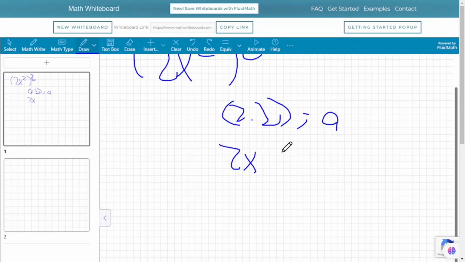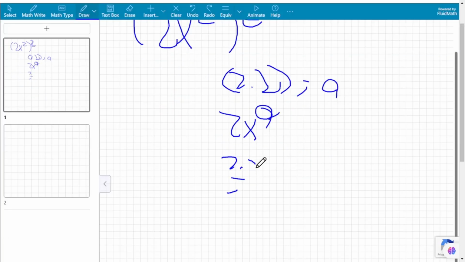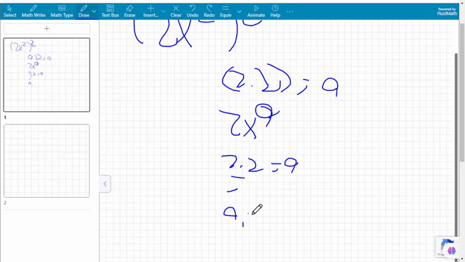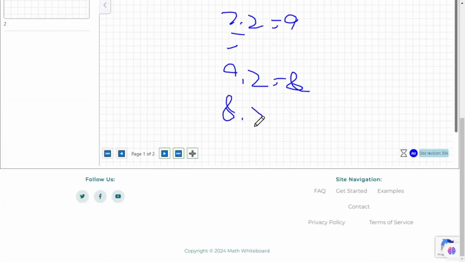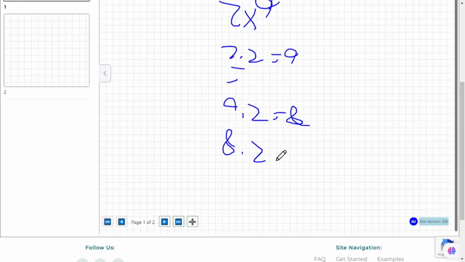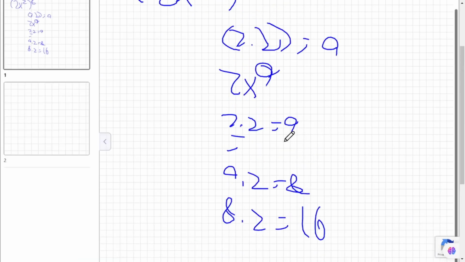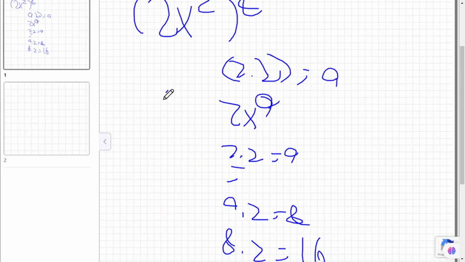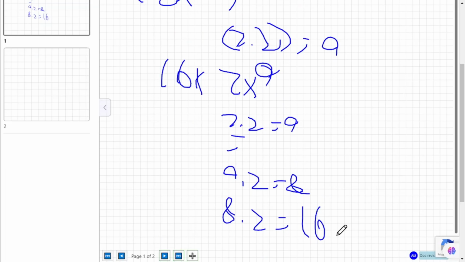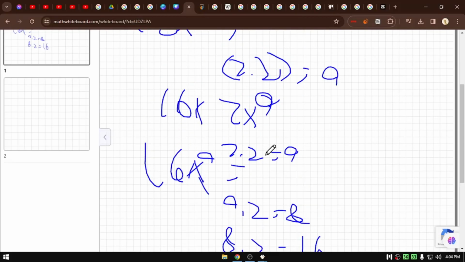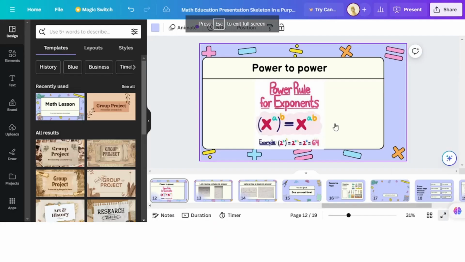Now 2 times 2x to the power of 2 times 2, which is going to be 4. 4 times 2 is 8. 8 times 2 is 16. So this is going to be 16x to the power 4. Next, let's see if we have another one.